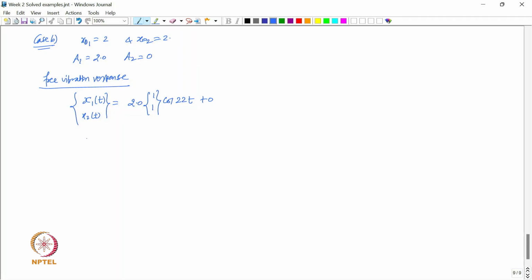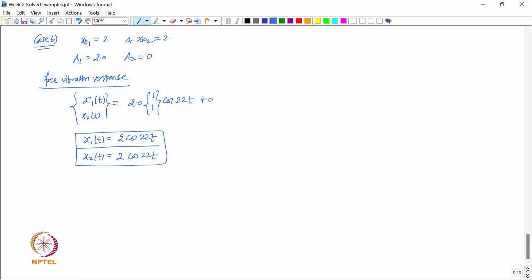So, therefore, essentially x1(t) is simply now 2 cos 22 t, and x2(t) is just also 2 cos 22 t. So, look at this. Now, you can see the vibration response of x1(t) and x2(t) consists of only one natural frequency, 22 radian per second.